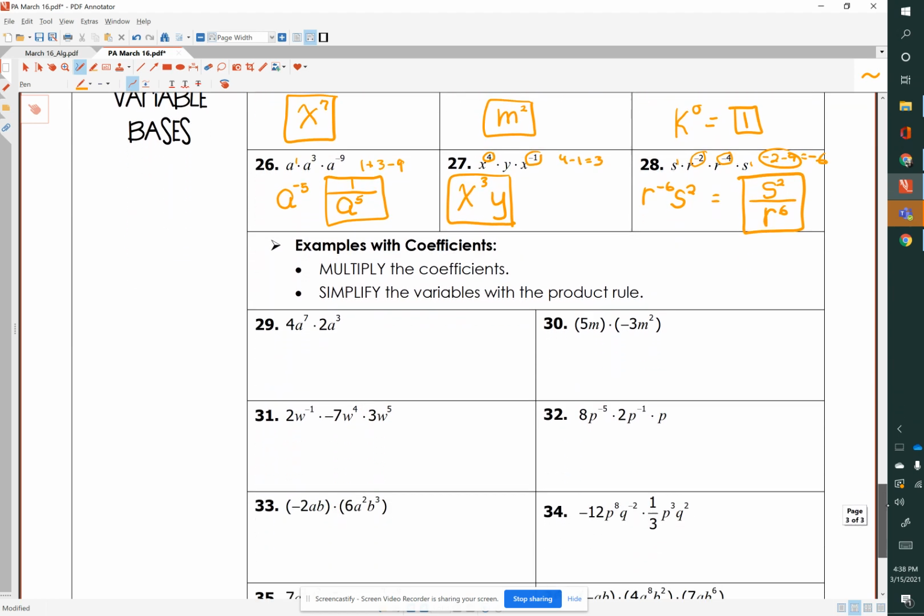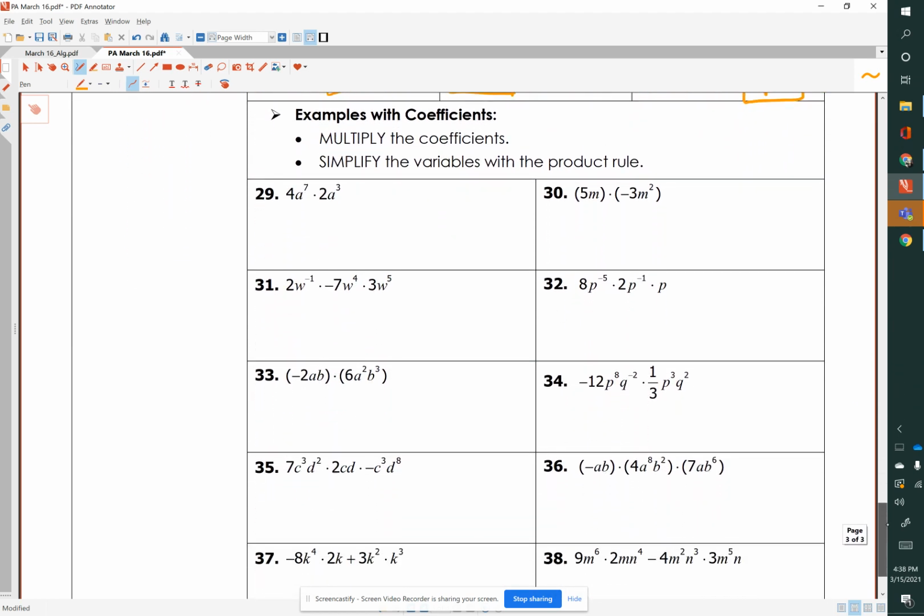Now, if we have coefficients, our coefficients are those numbers in front of the variable. Like in number 29, we have a 4 and a 2. What we do when we have coefficients is first we multiply the coefficients. After we multiply the coefficients, we will simplify the variables using the product rule that we've been using.